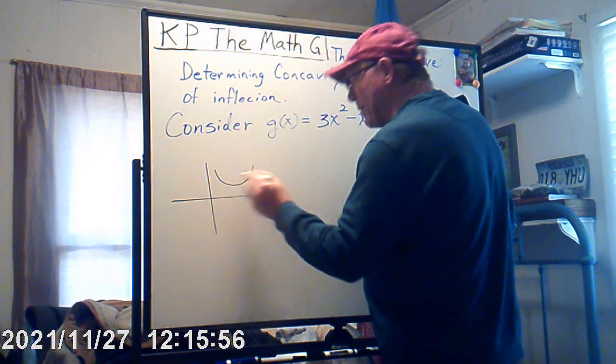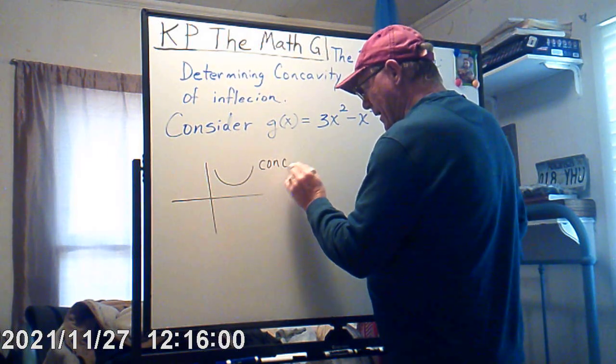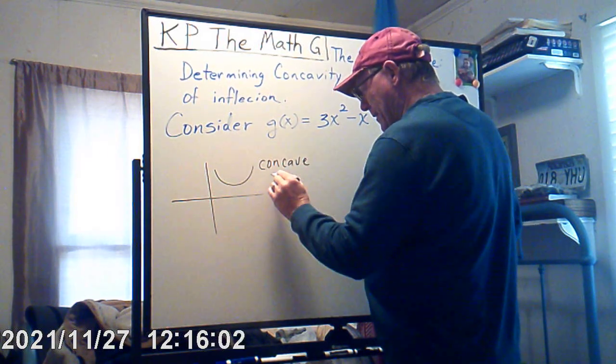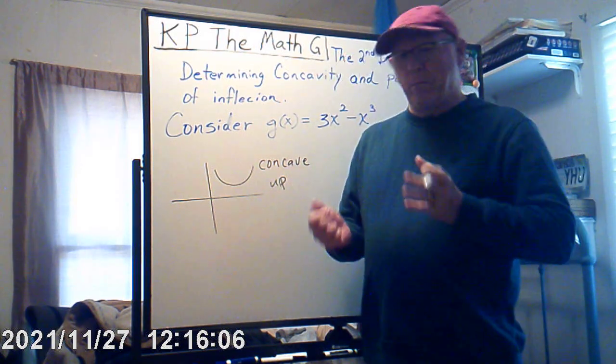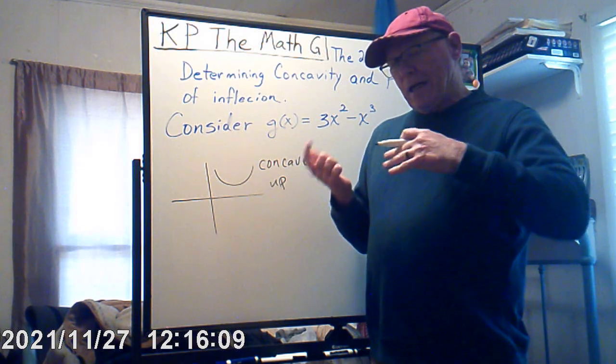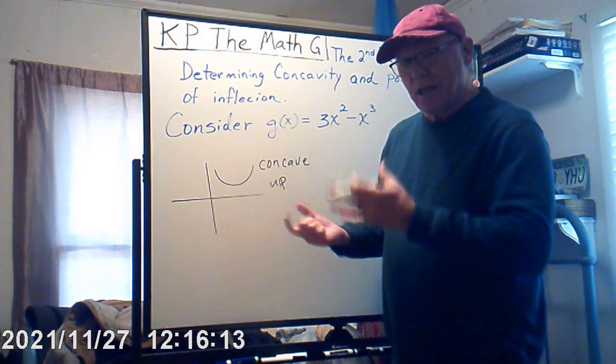Alright, so this would be concave up. Some teachers say opens up and all that. I hope that we get past that in calculus and we say that is concave up.